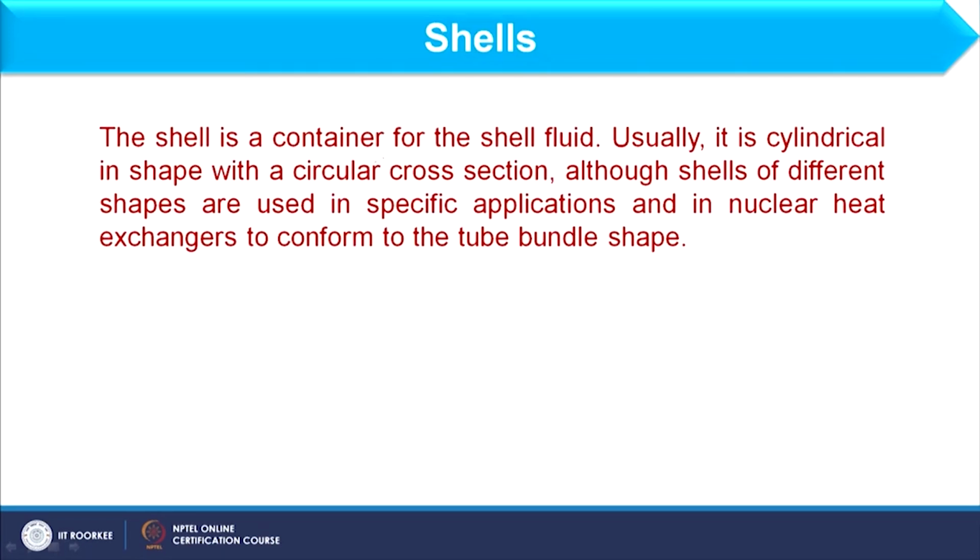Shell is a container for the shell fluids, because here we have to distinguish the fluid according to the shell and tube side. So this is basically the container where shell fluid moves. It is basically cylindrical in shape, and when we consider the cross sectional view of the shell, it looks like a circular shape.